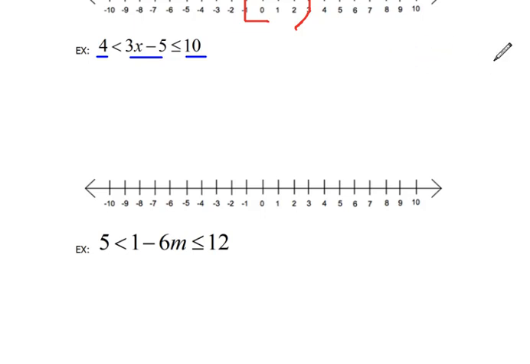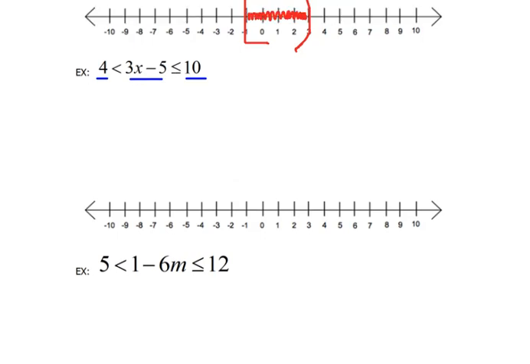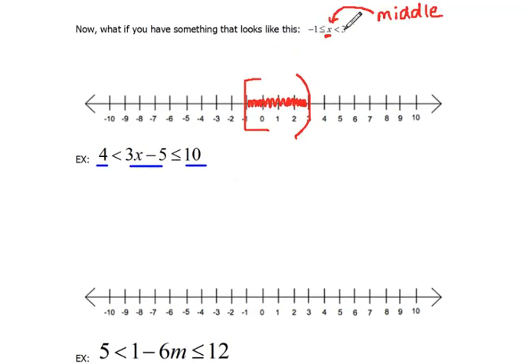So in order to get x alone here in the middle, the way that it was in my initial example, the first thing I need to do is get rid of the 5 that's attached to it. So we're going to do the opposite of minus 5, which would be plus 5, because minus 5 plus 5 cancels out.